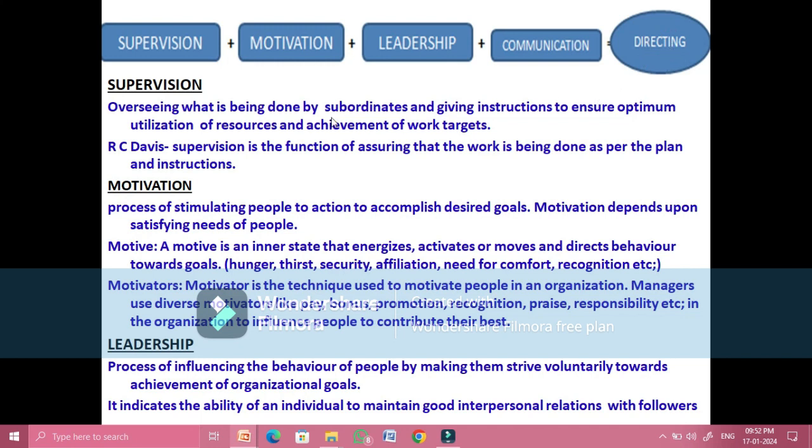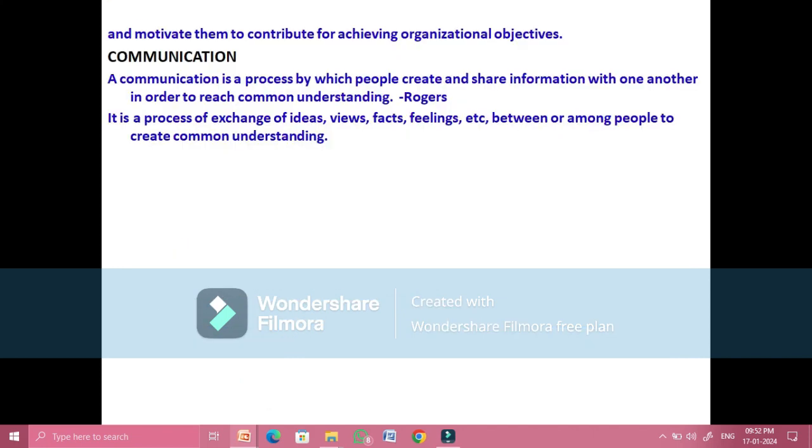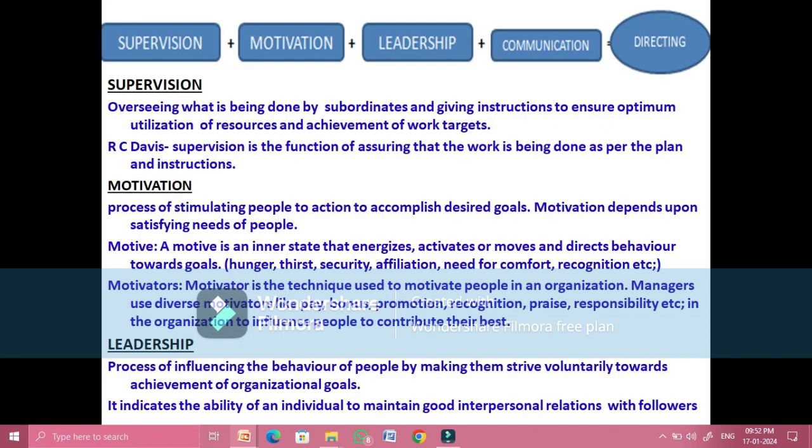Now if we see what can be studied under supervision: overseeing what is being done by subordinates and giving instructions to ensure optimum utilization of resources and achievement of work targets.